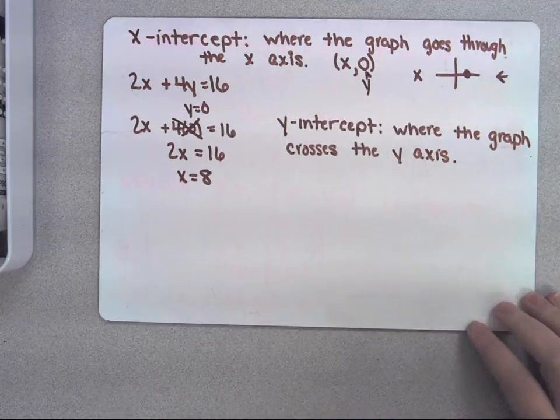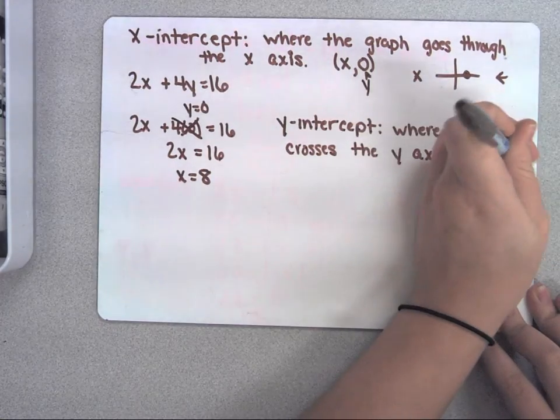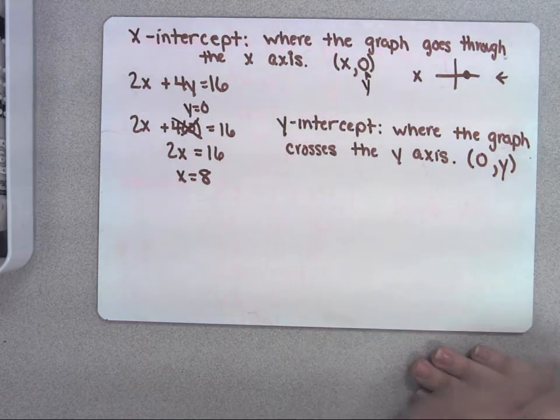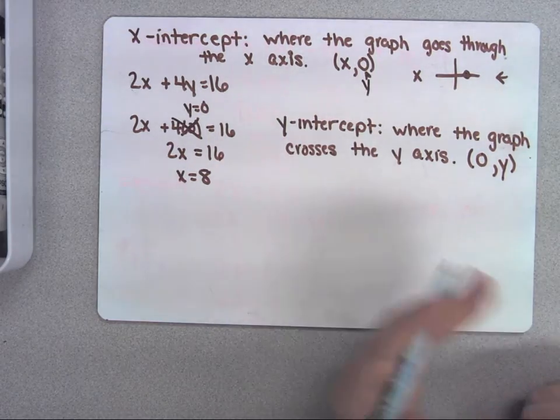How do we write a point on the y-axis? 0, comma y. So that means x is always 0, the opposite's always 0.